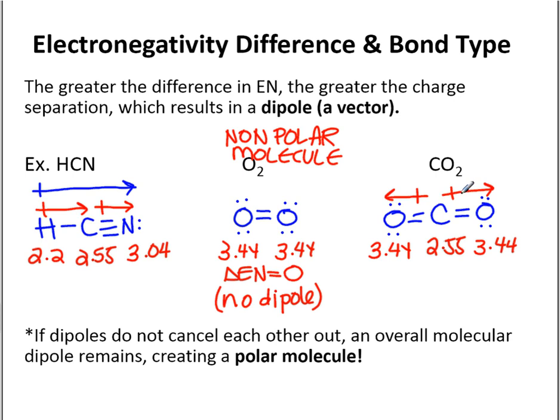So here, if we lined up the two vectors, let's say this is positive 1, and this is negative 1 approximately. When we add the two together, positive 1 and negative 1, that means 0. So here, our dipoles are going to cancel out. And over here, we get a net dipole resulting.